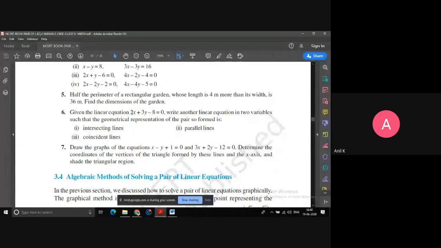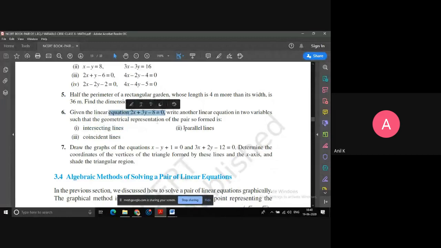So if it is 2x plus 3y, then for the next equation maybe x plus y, or maybe 3x plus 7y, or maybe minus 2x minus 6y. We can give an infinite number of lines which intersect at one point.